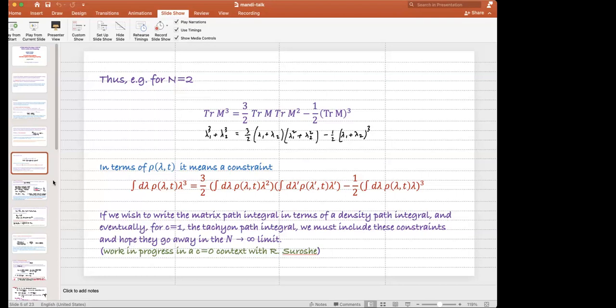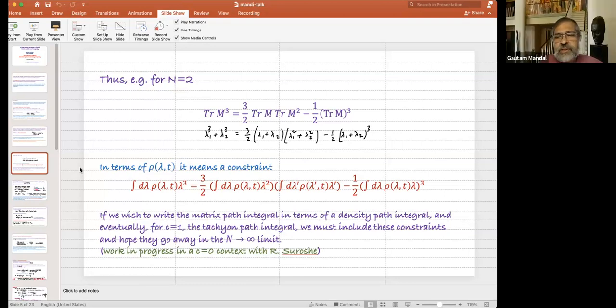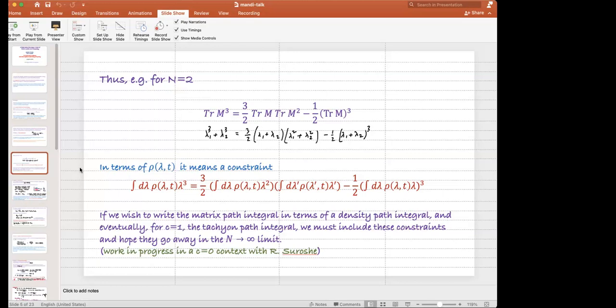So Gautam, do these constraints kick in at order 1 by n? I mean, do we know if they kick in at 1 by n or 1 by n square, at what order? Yeah, so the Cayley-Hamilton theorem has coefficients which seem to go down with n as you go to higher and higher values of n.